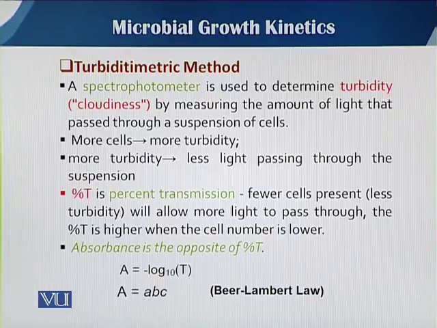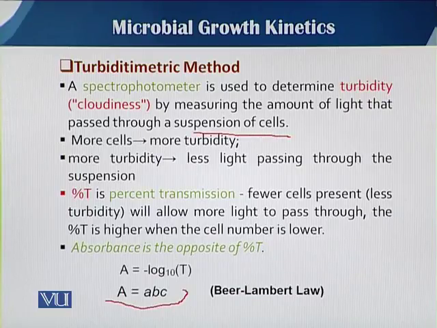As you can see in this slide, this is the Beer-Lambert law, which measures the amount of light that passes through the suspension of cells. If there is more turbidity, then less light is allowed to pass through the culture.